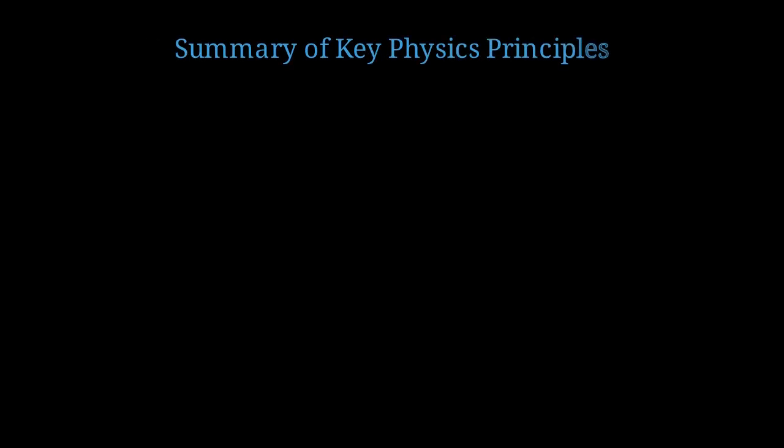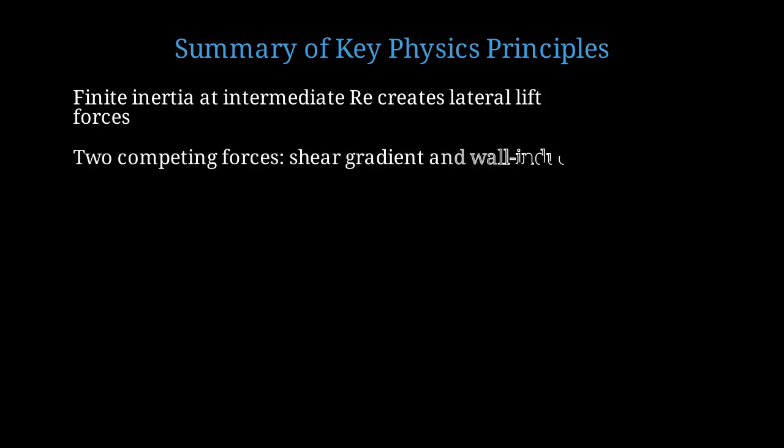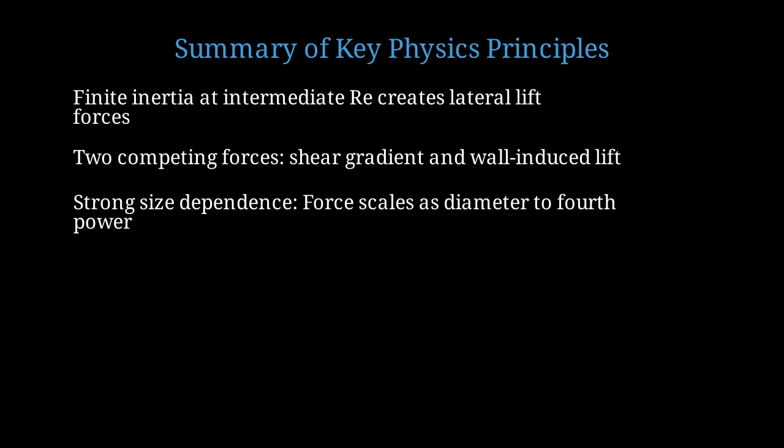Let me summarize the key physics principles we've covered about inertial focusing. At intermediate Reynolds numbers between 1 and 100, finite inertia creates lateral lift forces that cannot be neglected. The balance between shear gradient lift and wall-induced lift determines equilibrium positions. These forces scale differently with distance from walls. The lift force has a very strong size dependence, scaling as particle diameter to the fourth power.